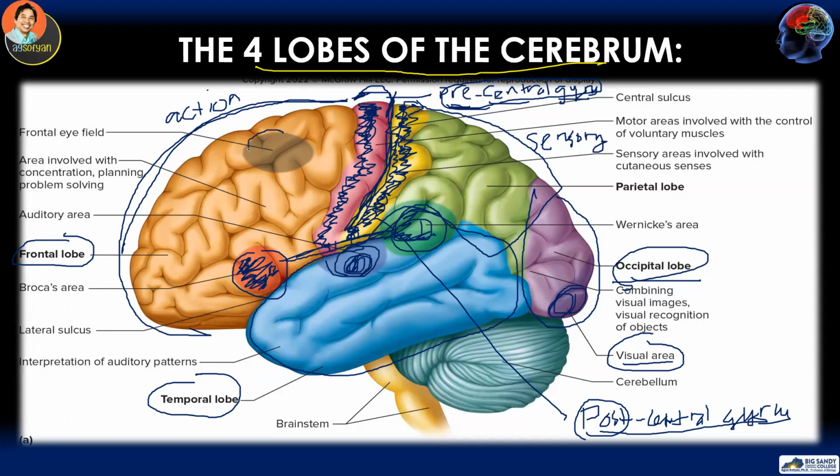This area, remember, is in the front, so it will be action. This is actually the one that controls movement of our eyes. So movement of our eyes is over here, but the sensations, the processing of what we see, is actually on the back part over here. Okay, so action on the front part and sensations on the back part. So this is action and sensation for vision.